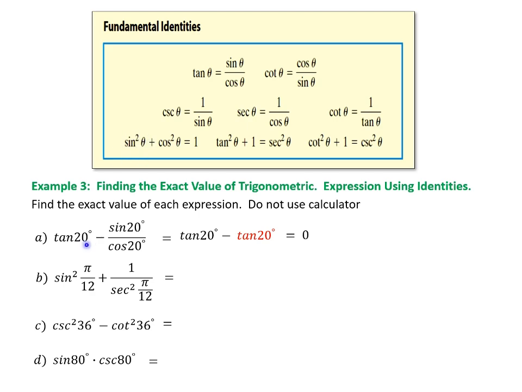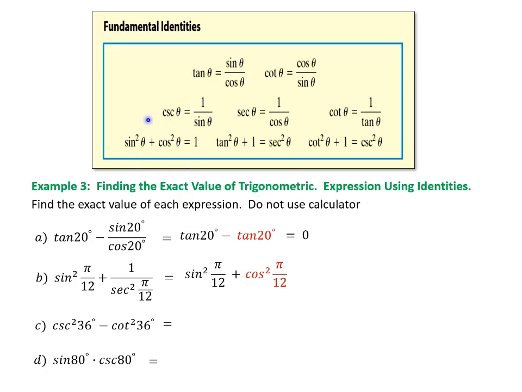The first term is sine squared, and 1 over secant squared pi over 12 is a reciprocal identity, which is equivalent to cosine squared. So therefore, we can write this as sine squared pi over 12 plus cosine squared pi over 12.